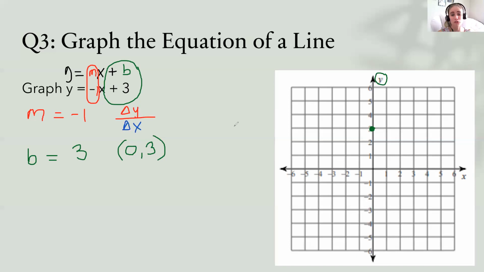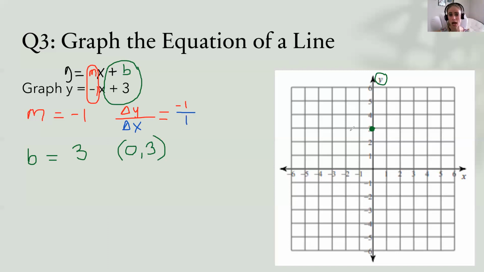So in this case, fractions are your BFF when it comes to slope. If you have a number that's not a fraction, you're going to make it over 1 because you need your slope to be a fraction. How can we make any number a fraction? By putting it over 1. So the fraction form of -1 would be -1 over 1.